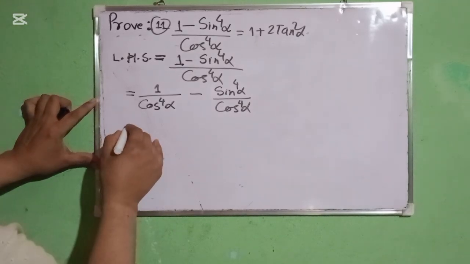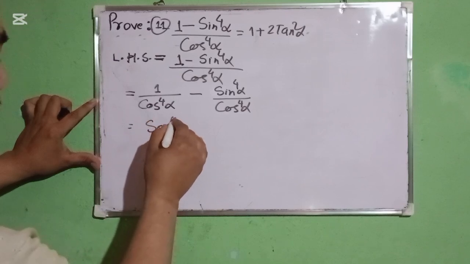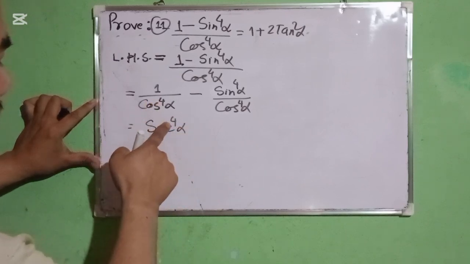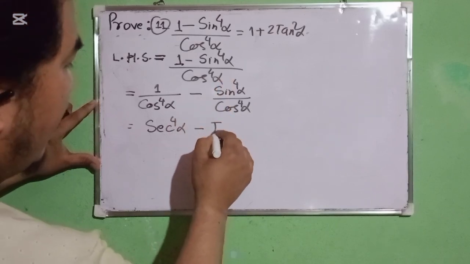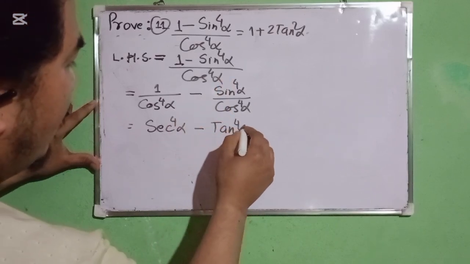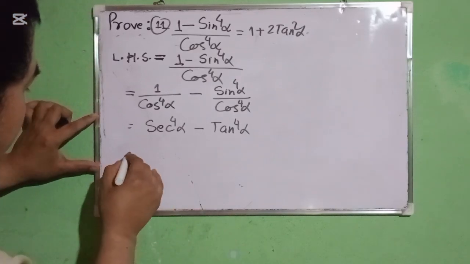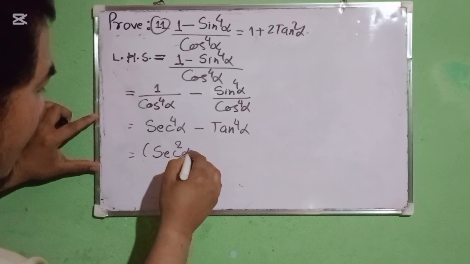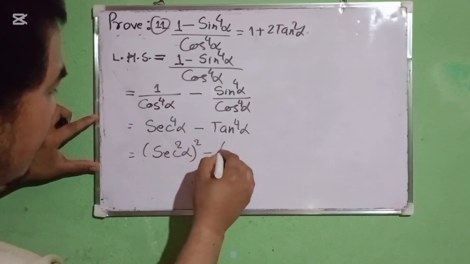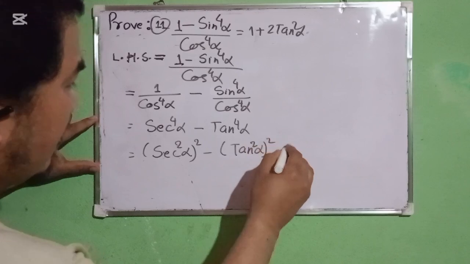Now as we know that 1 by cos means sec, so it is sec power 4 alpha, and sine power 4 alpha by cos power 4 alpha means tan power 4 alpha. Now we have to convert this into squares: sec square alpha whole square minus tan square alpha whole square.